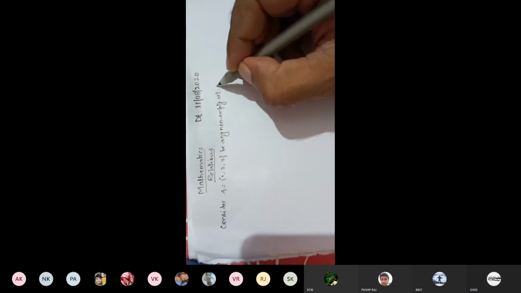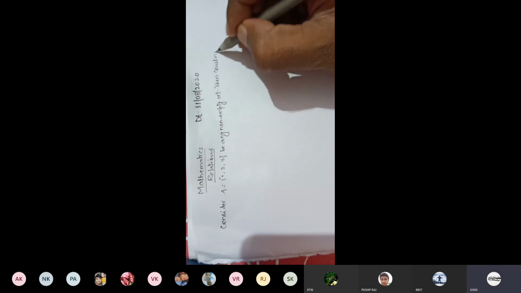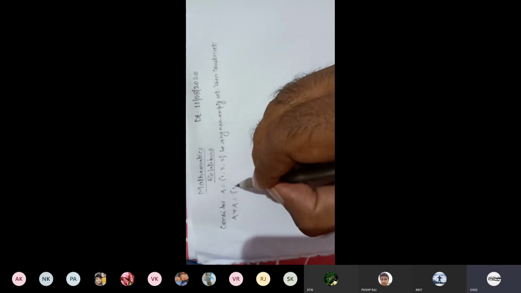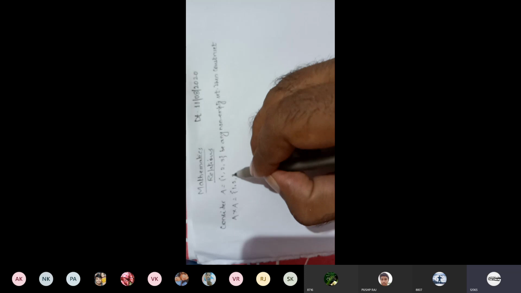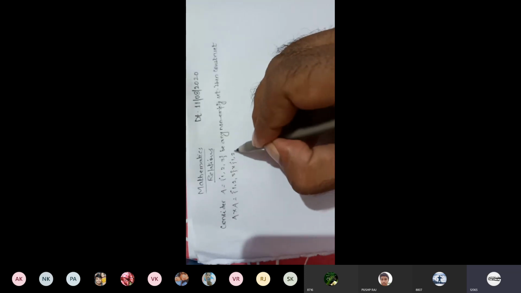Then construct A cross A, which means the Cartesian product of A with itself. That is 1, 2, 3 cross 1, 2, 3.